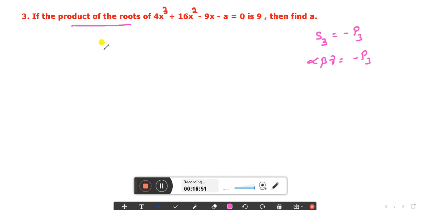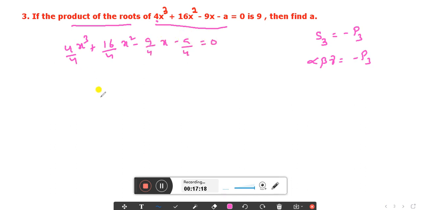So to apply this, we have to take the equation in the monic form. To become monic, we have to divide the equation with 4, because here 4 we have to change as a 1. So 4x cube by 4 plus 16 by 4x square minus 9 by 4x minus a by 4 equals to 0.